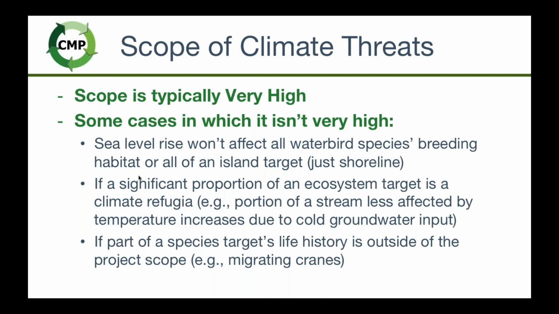In cases where an ecosystem target is a climate refugia, so like a portion of the stream is less affected by temperature increases because there are cold water groundwater inputs, or if part of a species target's life history is outside of the project scope, then the scope of climate change may not be very high. So very frequently, scope is going to be very high, but we just wanted to point out some cases where it wouldn't be.